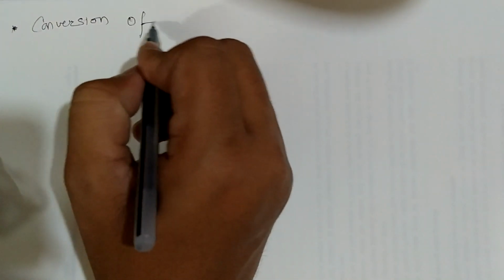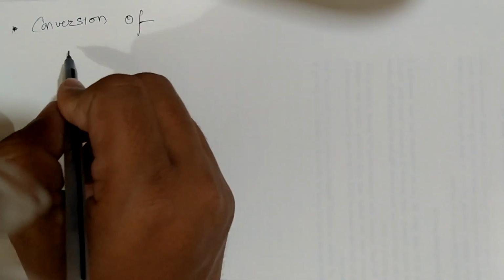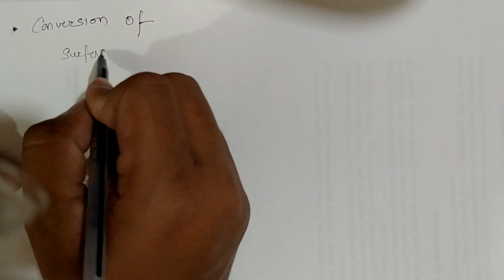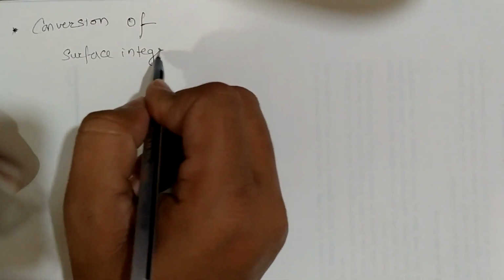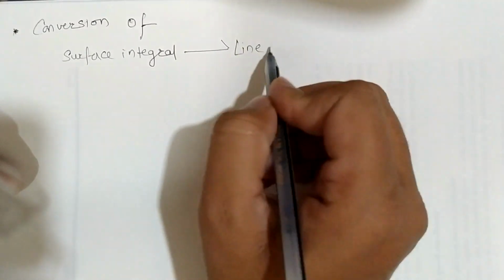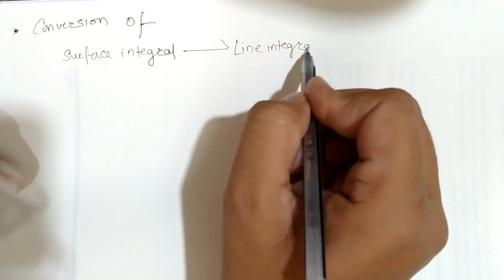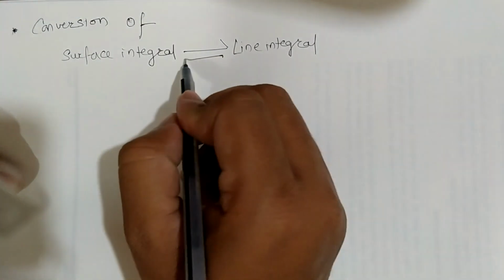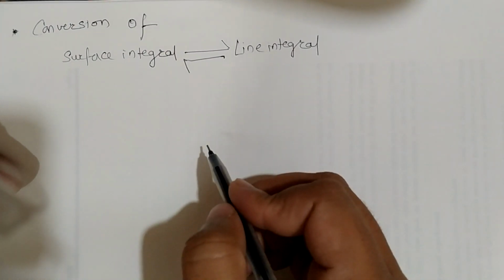So today we are going to see an important concept from electromagnetic field theory, that is the conversion of the surface integral to the line integral, and the line integral to the surface integral.